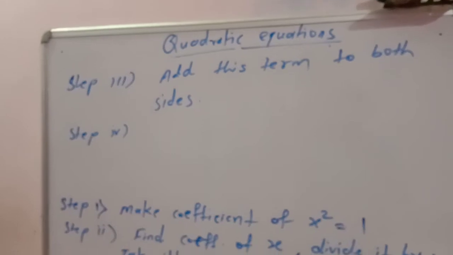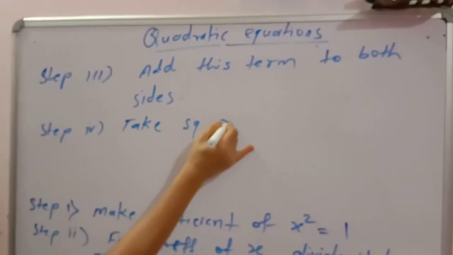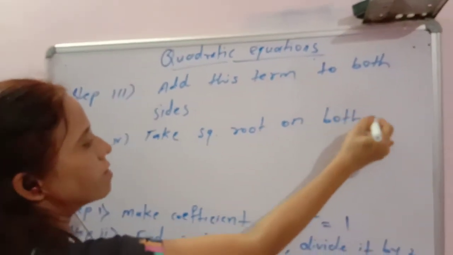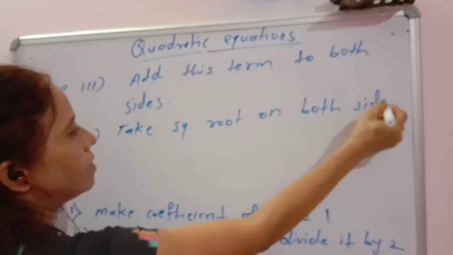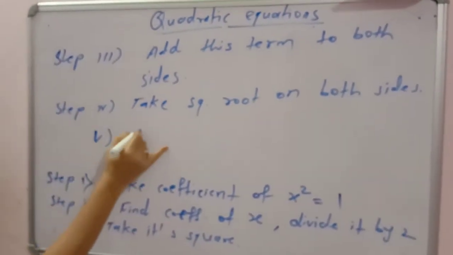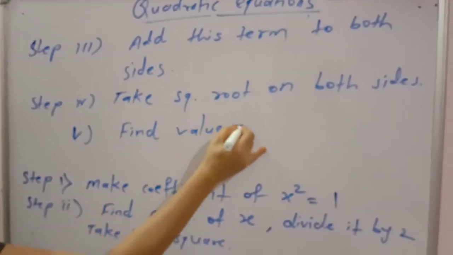Take square root on both sides. So in the fourth step, take square root on both sides and then find out the value of x. In step 5, find value of x.